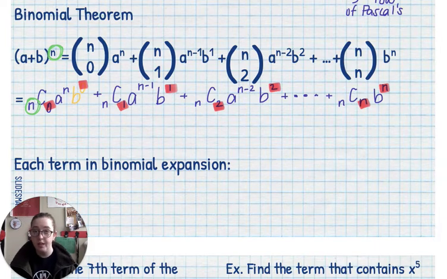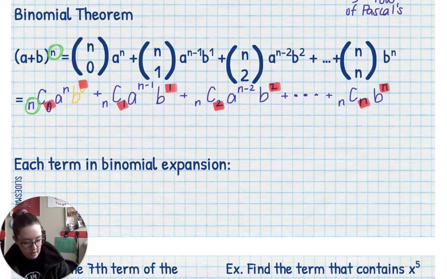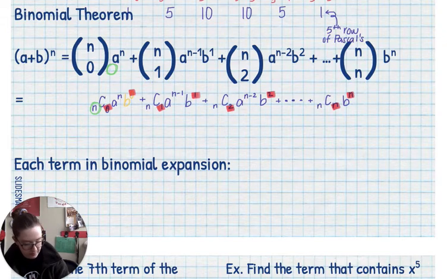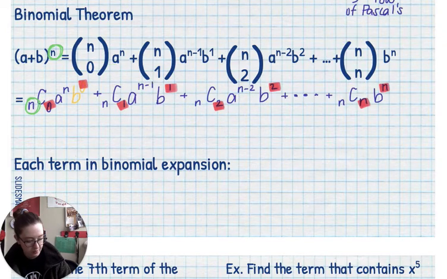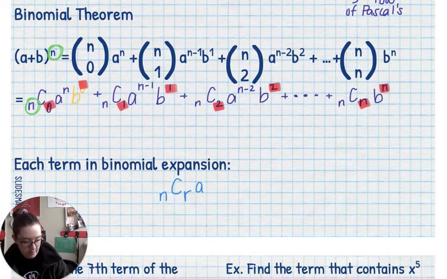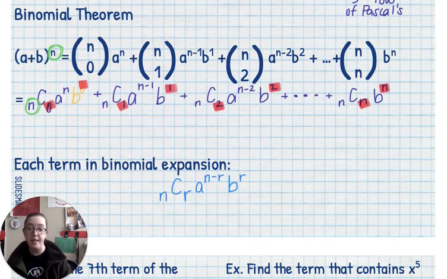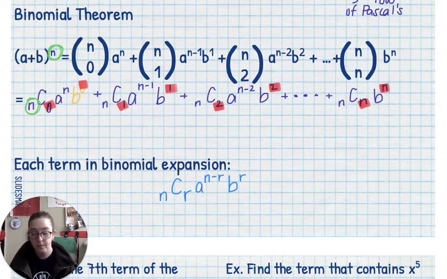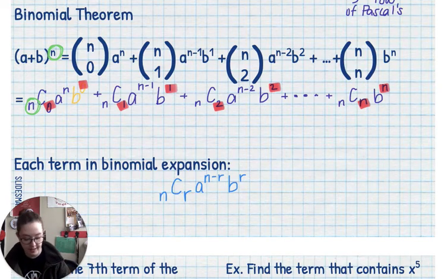Each term in the binomial expansion is going to be n choose r, a to the n minus r, b to the r. Because remember, the powers on a and b have to add up to n before we simplify, right?